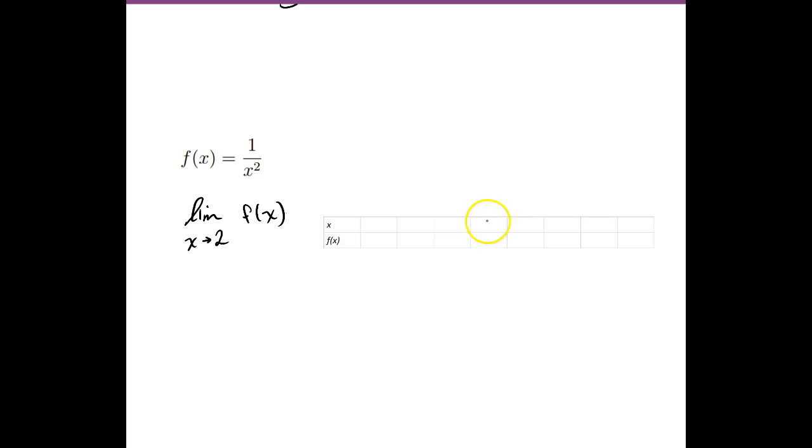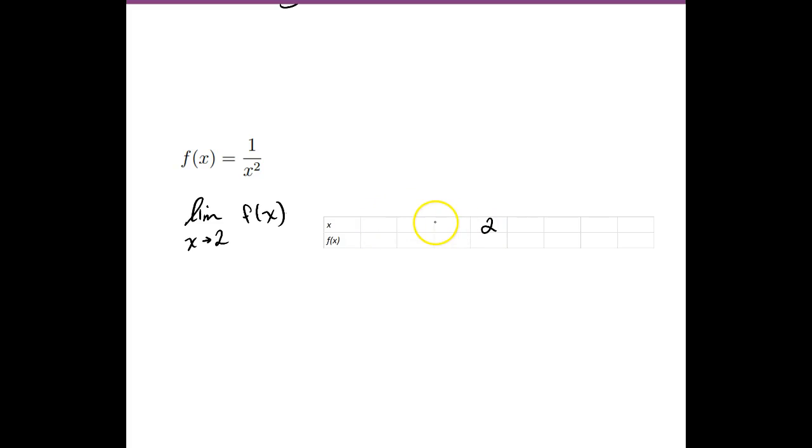So if I'm approaching 2, then I can choose maybe, and I might work with fractions this time, 1/10, 1,000th, 1/10,000th. Oops, sorry, that's not accurate.